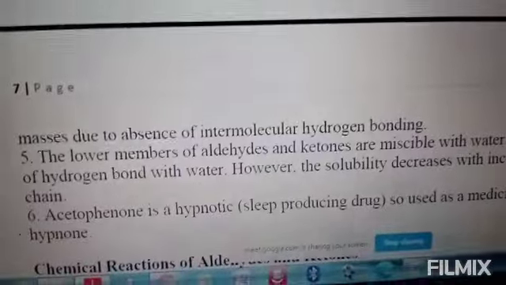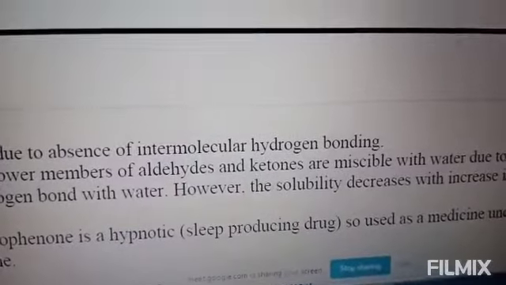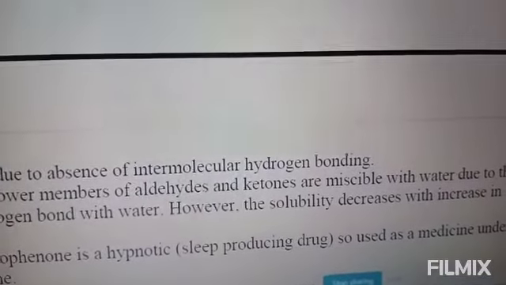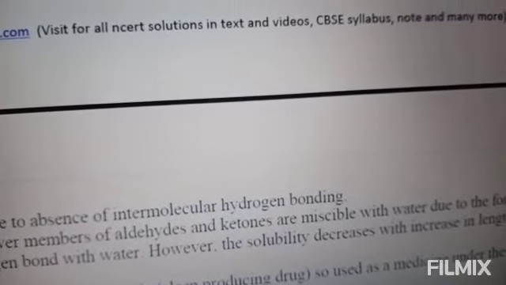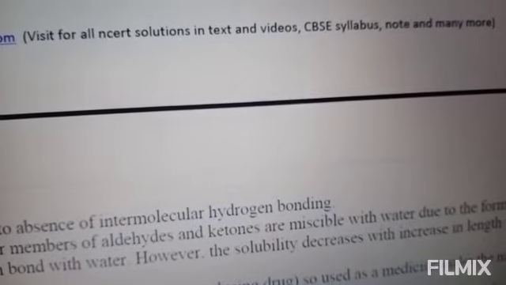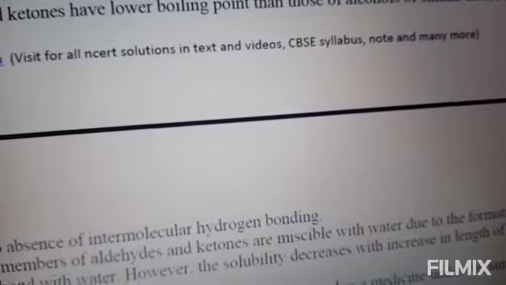So let us go to page number 366. But before going to page number 366, let us see question number 12.3. Arrange the following compounds in increasing order of their boiling point. You have an aldehyde, an alcohol, an ether, and a hydrocarbon.